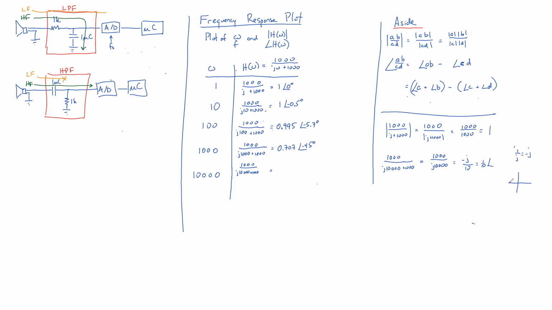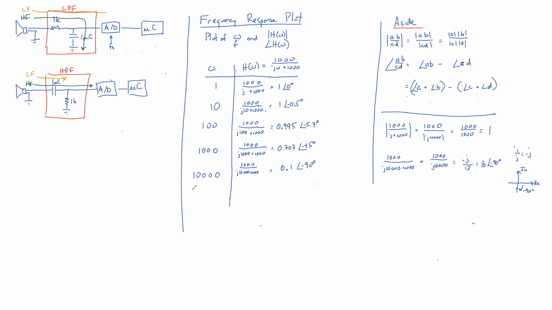If we were to graph that with a real part and an imaginary part, and it's purely imaginary, that would be at a minus 90-degree angle. So there it is, 0.1 at an angle of minus 90 degrees.